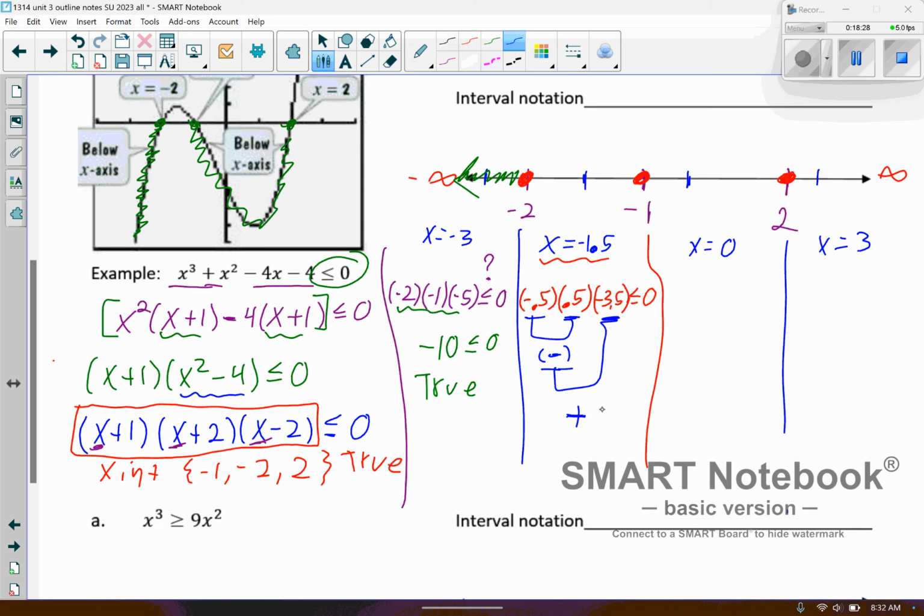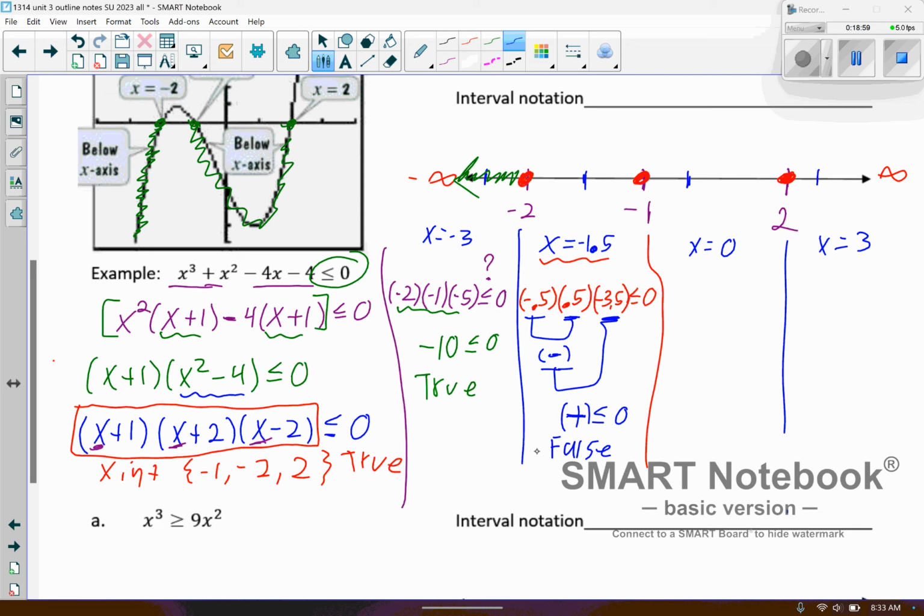And I know that positive numbers are not less than or equal to 0, so that would come back as false. So I didn't even have to actually multiply the numbers together. I could just see a negative times a positive is negative, and a negative times a negative times a negative comes back as a positive number. So I don't even know what the number is, but I know it's positive. And positive numbers are not less than or equal to 0, so that's false, so I know not to shade there.